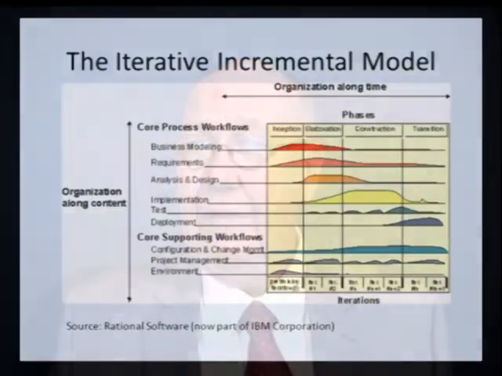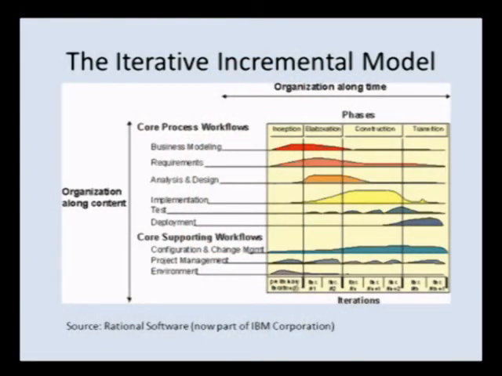And then after the construction phase is complete, comes a phase called transition. And this means actually moving the new application into service. The primary activity here is deployment. There's still some testing going on. There may even still be some writing of code going on.